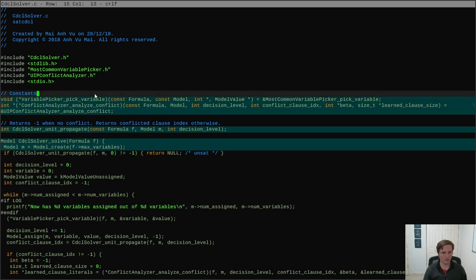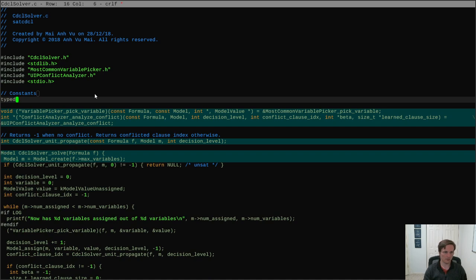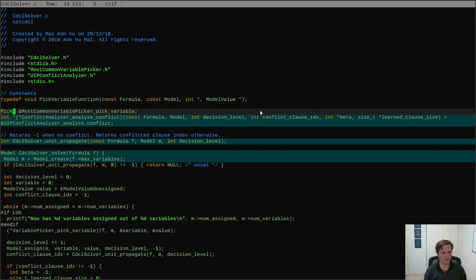I like to typedef them first without a pointer, so it'd be like variable picker, let's call this a pick variable function, and then it would have this, so that would all stay the same, but then when we want to make a function of this type, we go pick variable, let's see, what's the name of this?